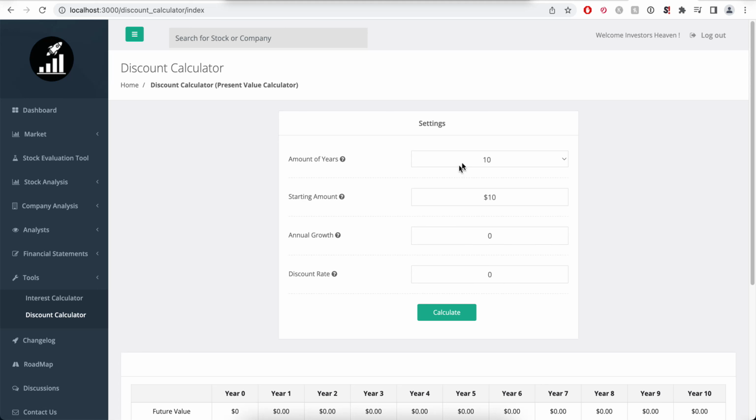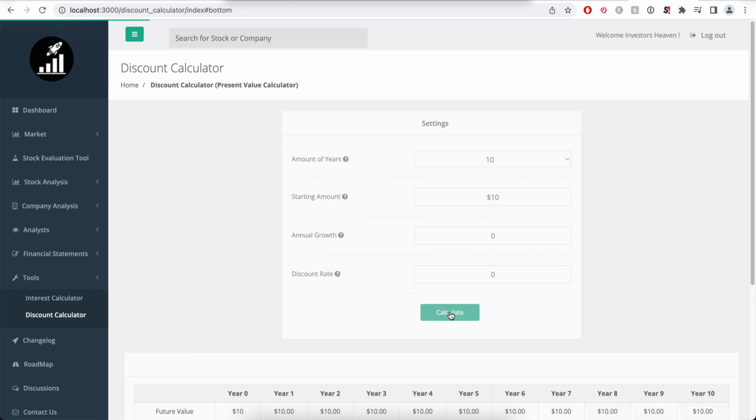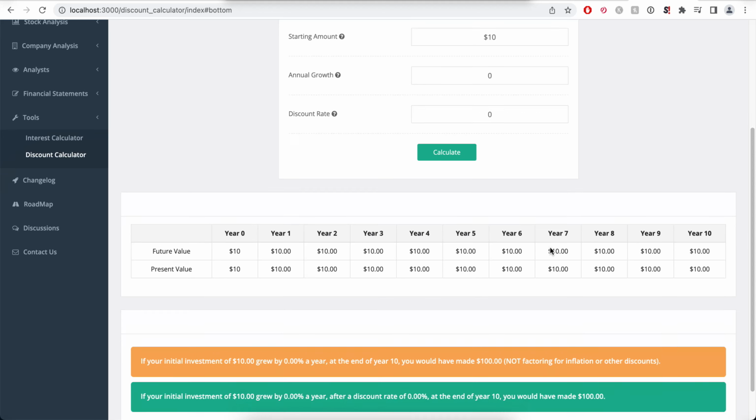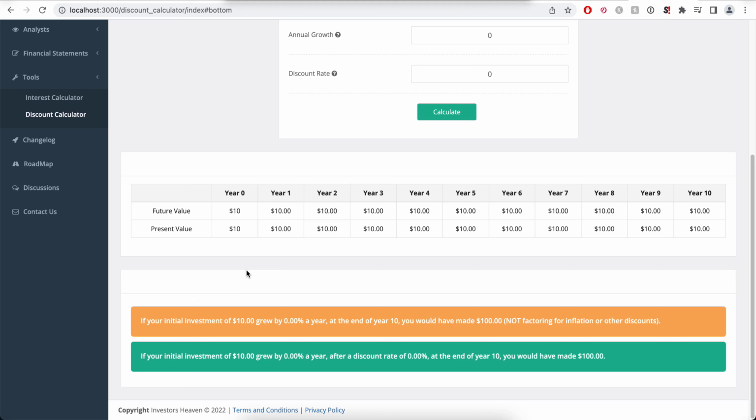But let's just say that we have an investment that we know is going to be making $10 a year. So basically on year 0, we start with $10, and then every year we're getting $10 over here. Now, if you actually had this investment growing by 0%, then at the end of year 10, you would have made $100, as you can understand. That makes total sense, right? I mean, we are not making any extra a year.